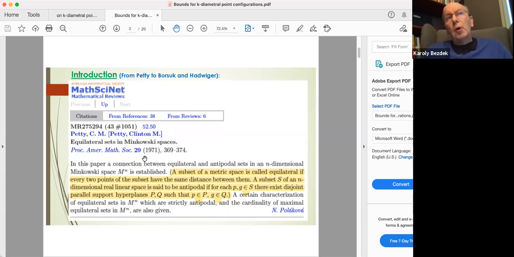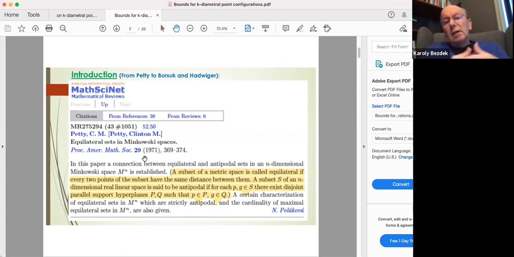An equilateral point set is perhaps the simplest possible, with pairwise distances equal to a given positive value. And he was interested in the question, what's the maximum cardinality of such an equilateral point set?